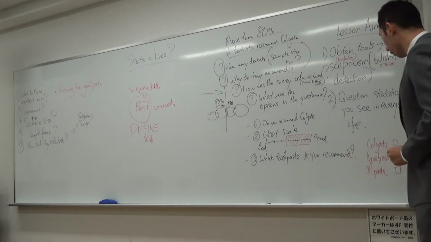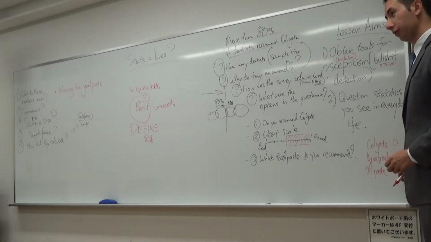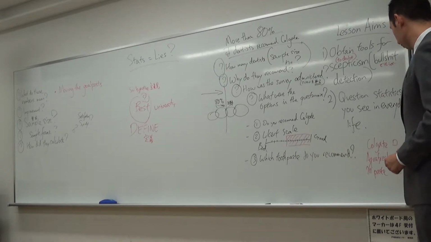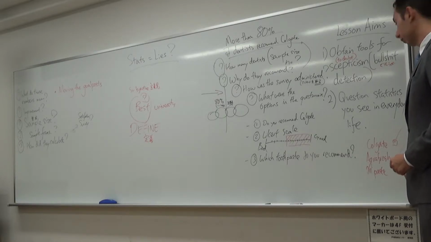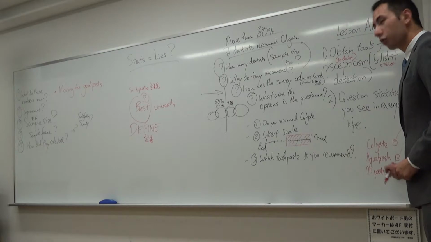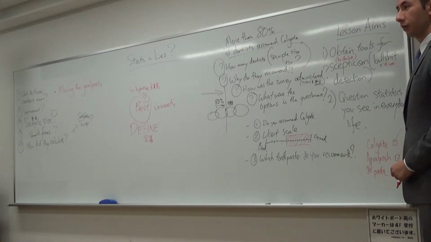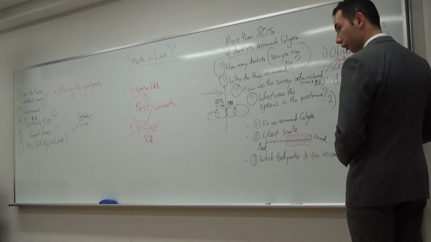So, of these 3 toothpastes, which ones would you recommend, Masako-san? Aquafresh. Would you recommend Colgate? Mm-hmm. 7-Eleven paste? No. Right. So, this is what happened, okay? So multiple choice, multiple selection, okay?